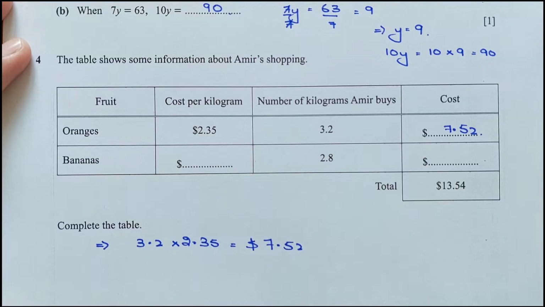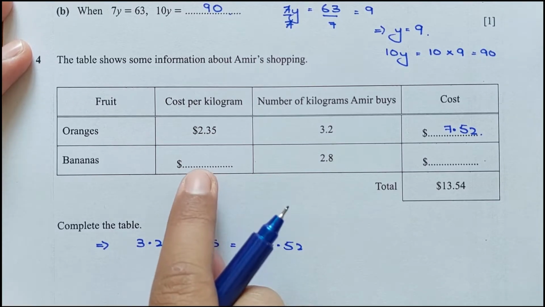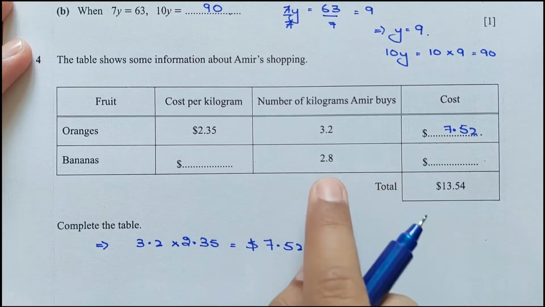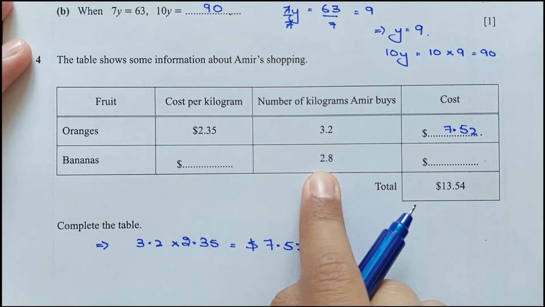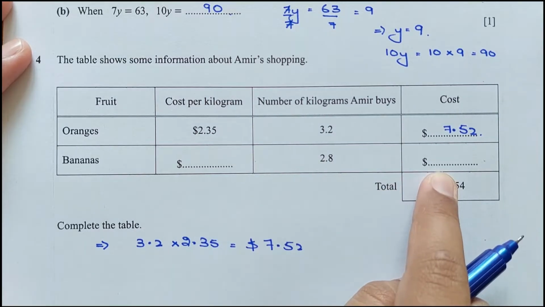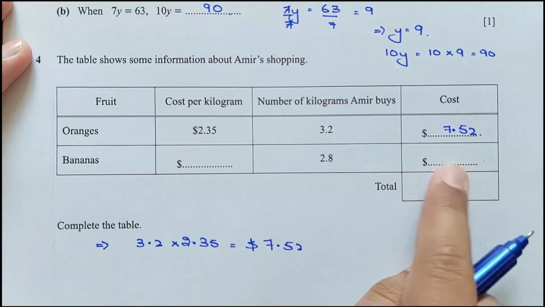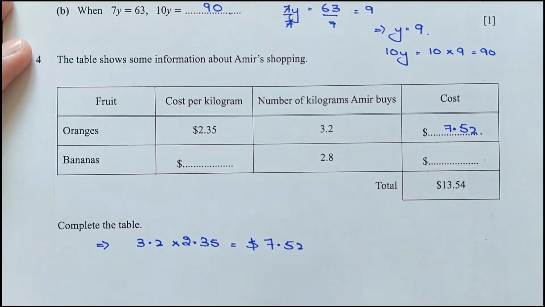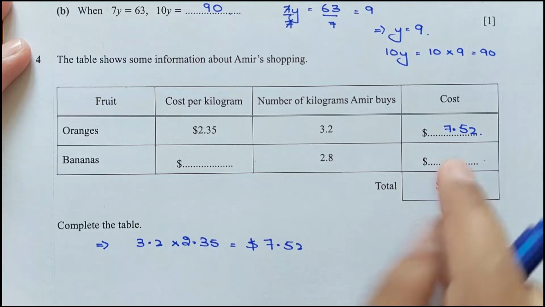Now for bananas. We have to find the cost per kilogram. The number of kilograms Amir buys of bananas is given, and we have to find the total cost as well. By using the total, first we have to find the total cost of bananas.